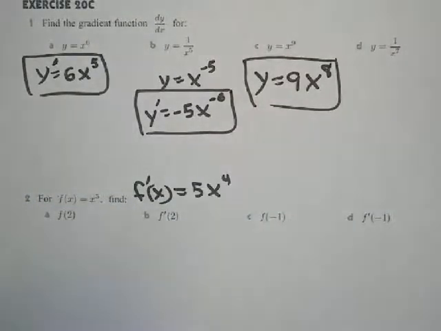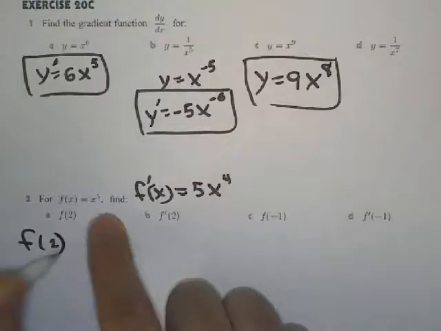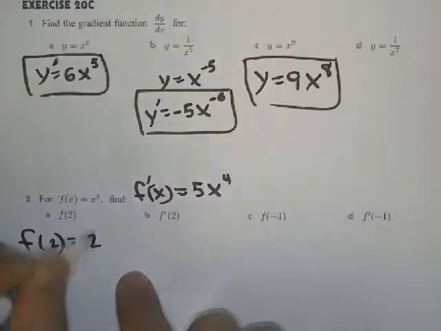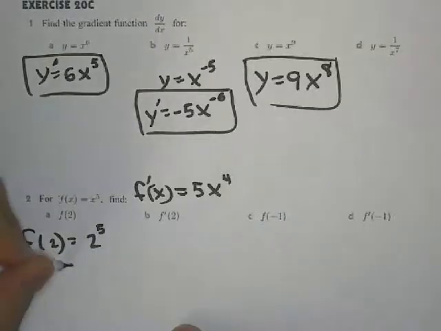So now this just says, okay, in the original function, you're going to put in 2 in place of x. So f of 2 equals 2 to the 5th power. And 2 times 2 times 2 times 2 times 2 is equal to 32.